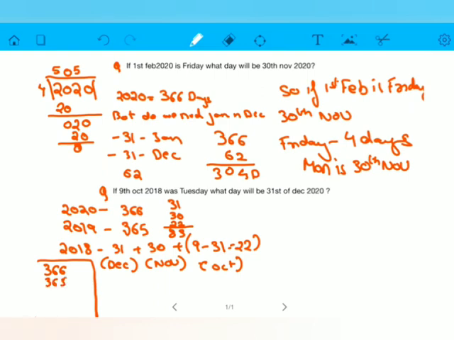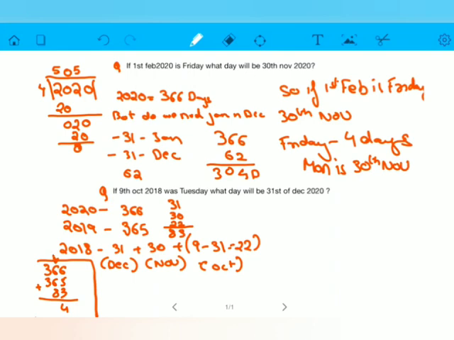366 plus 365 plus 83. First we have to add the ones. 6 plus 5 plus 3 will make 14.